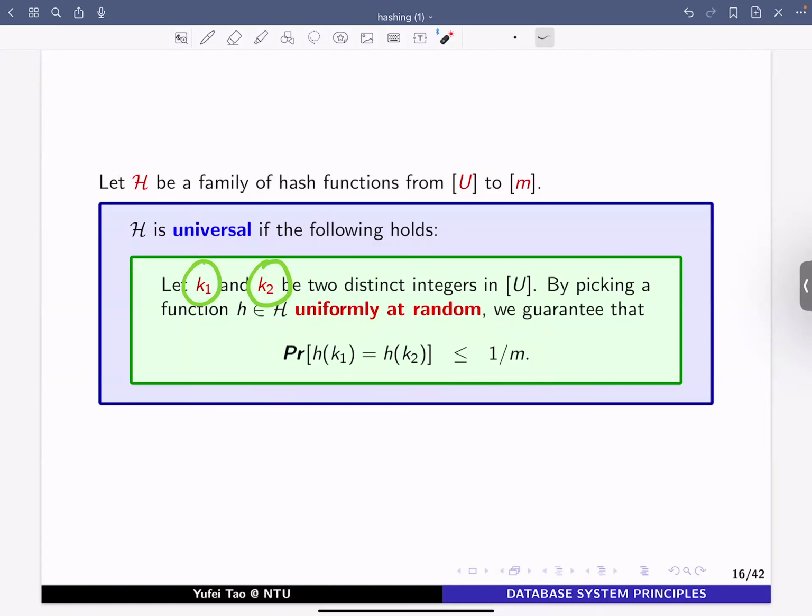So in other words, in your hash family, you should only have a very small number of hash functions that allow the collision to happen. As you can see, the hash function is chosen uniformly at random. In terms of fraction, it cannot be more than 1 over m. So this is the idea.